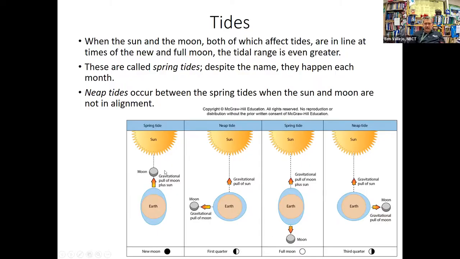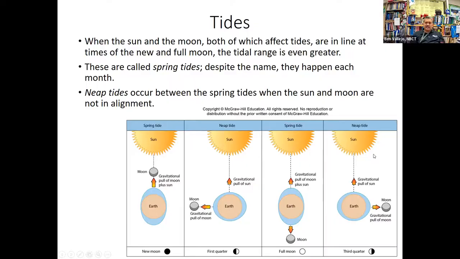This is during the new moon, and this is during the full moon. So when you see the full moon, this is when you have a high tide, or when you only see a very small sliver of the moon, that's going to be a spring tide as well. The neap tides happen in between, 2 weeks in between, and that's because the moon and the sun are pulling at different angles from each other.